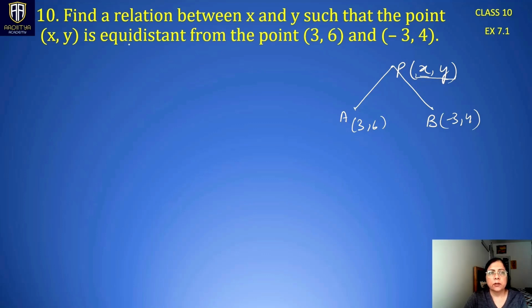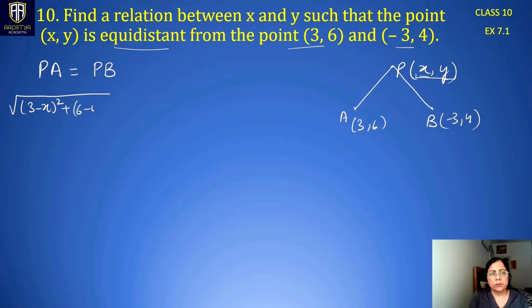Let's see. The condition is the point is equidistant from these 2 points. That means PA is equal to PB. Right? So now I am applying this formula here. PA: this is 3 minus x whole square, 6 minus y whole square.